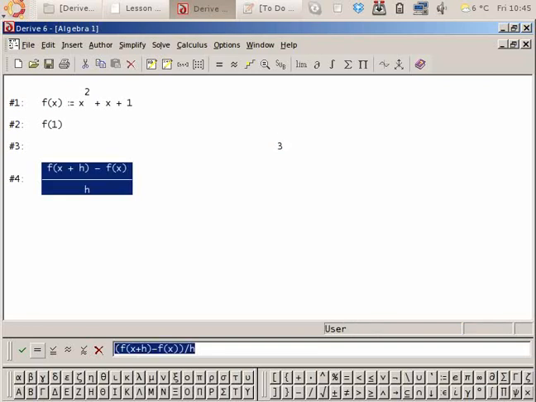Who remembers what that should equal? Derivative. Yes, first principle derivative. So I want everybody to type in f of x plus h minus f of x all over h. Make sure you use brackets.